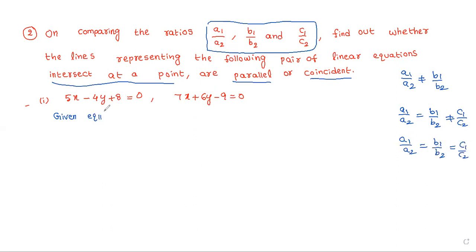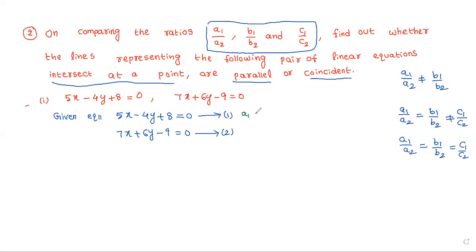Okay. So first, given equations: 5x minus 4y plus 8 equal to 0, first equation. 7x plus 6y minus 9 equal to 0, second equation. So comparing a1x plus b1y plus c1 equal to 0, a2x plus b2y plus c2 equal to 0.